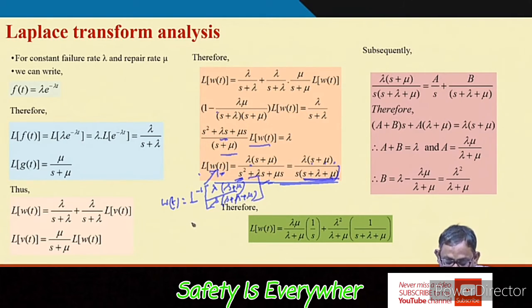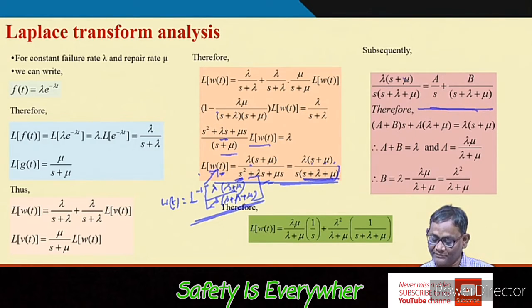Now we have to make it compatible to Laplace inverse. So what we do, lambda into S plus mu by this quantity we write like this: A by S as the first part, and the second part of the denominator, B by lambda plus mu plus S.